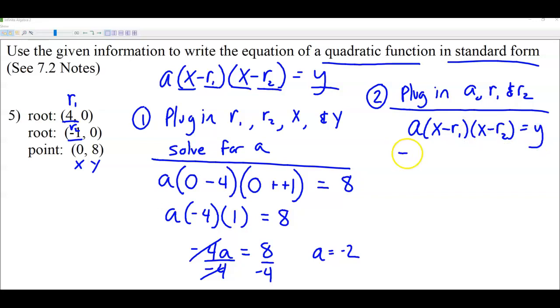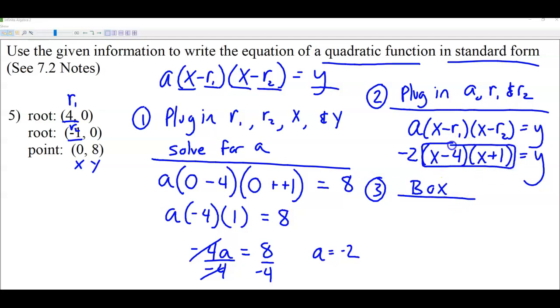So my a value was -2. r1 was 4. r2 was -1, but minus a -1 is going to be +1. Just that. All right. Step 3, we're going to do the box method on this piece right here. So we have x minus 4 and x plus 1.